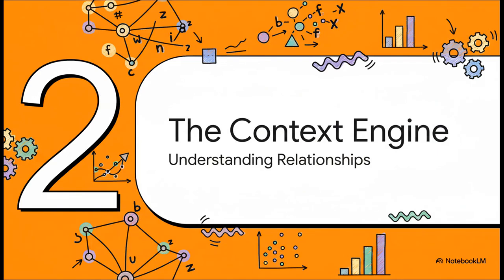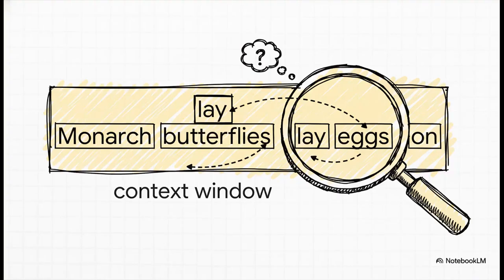So now we've got a string of numbers. What's next? Well, the model has to figure out how they all relate to each other. This is where the real power comes in, thanks to something called a transformer architecture. This is how it builds context. The model doesn't just look at one number at a time. No way. It has something called a context window, and it uses that to pay attention to the entire sequence as it's being built. It's learning the relationships.